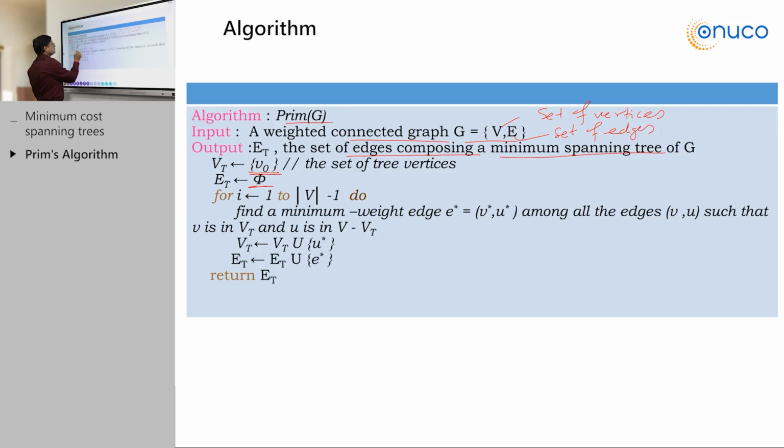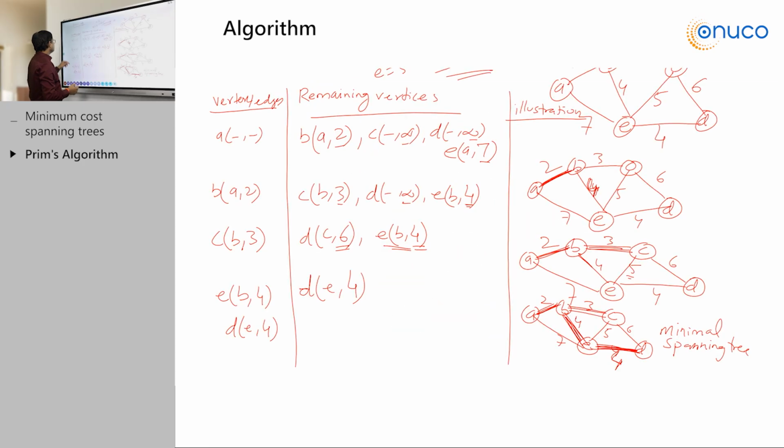Now, 1 to V minus 1. Remember that V minus 1, the number of vertices minus 1, corresponds to the number of edges, and that many iterations are to be performed. In this particular case, how many iterations have we done? 1 selection, 2, 3, 4 selections, and we have 4 edges in the answer.